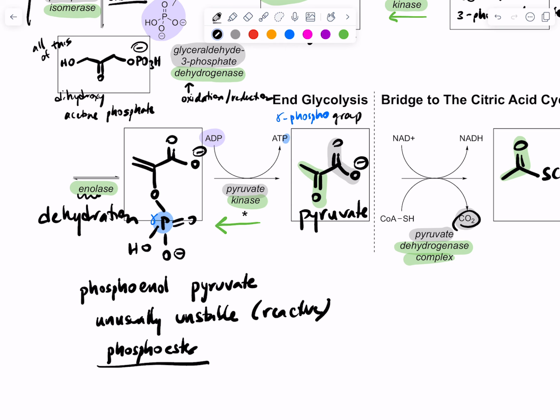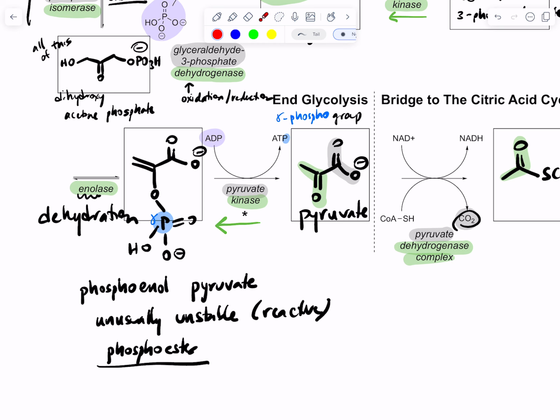We talked last time about why that reaction is so downhill in energy. It has to do with two things. First, the repulsion of charge between the carboxylate and the phosphate group. And then second, when you protonate this phosphoester on the alpha carbon, this becomes an excellent leaving group and is very, very reactive.